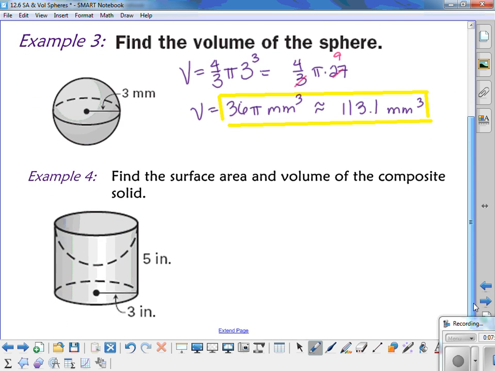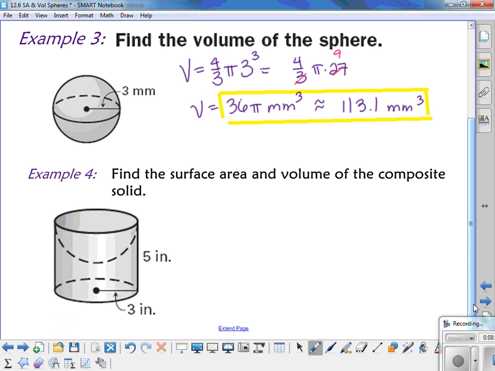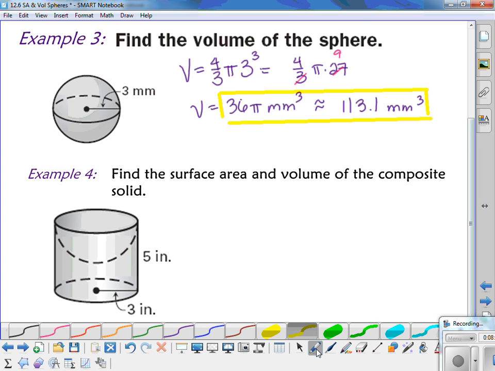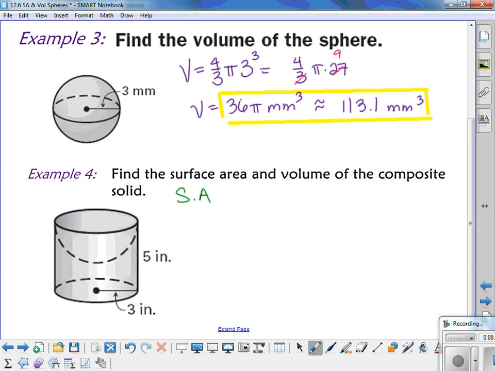Example 4, we're going to find the surface area and the volume of this composite solid. So first let's talk about surface area. On this one, I've got the circle on the bottom, and I have the lateral area of the cylinder. And then on the top, I have a hemisphere that's caved in.